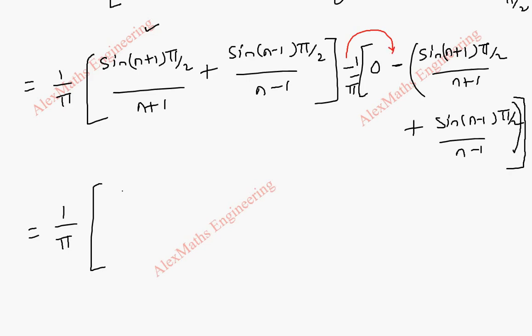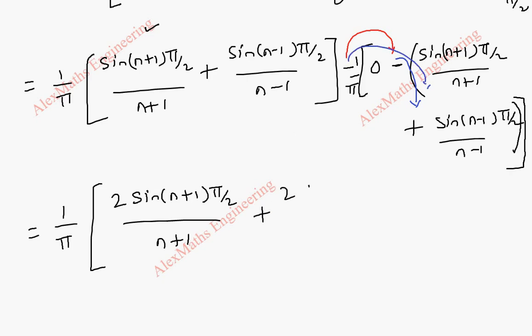So we get 2 times of sine (n plus 1) into pi by 2 by (n plus 1). Then again there is a minus sign that comes here as minus, but again there is a minus sign outside, so it will become plus. So plus 2 times of sine (n minus 1) pi by 2 by (n minus 1).